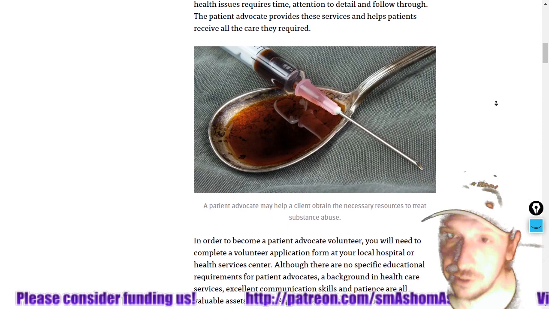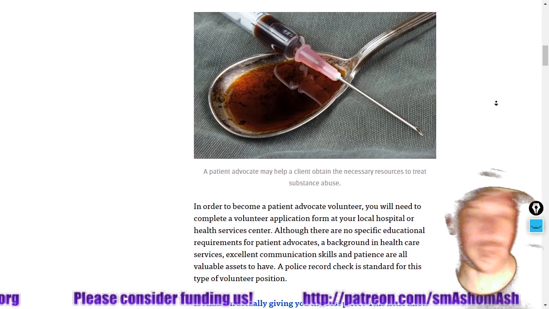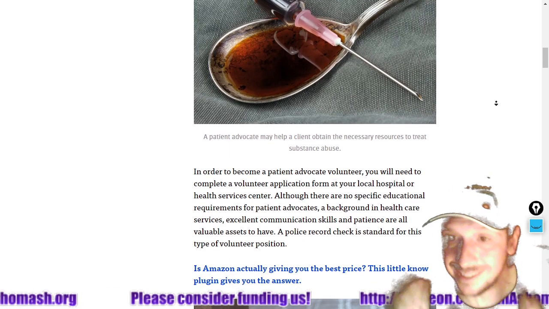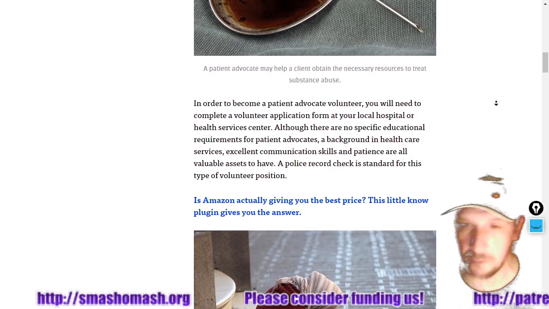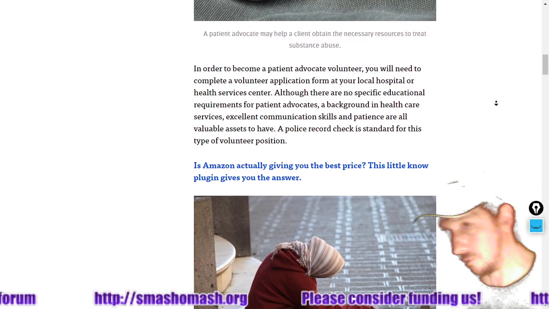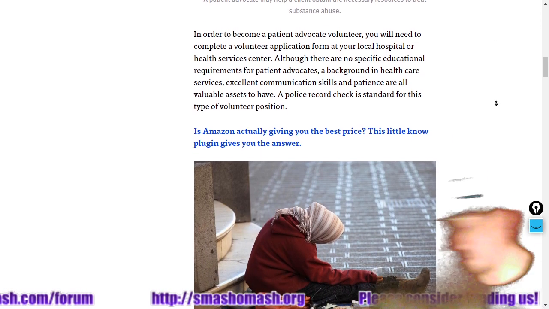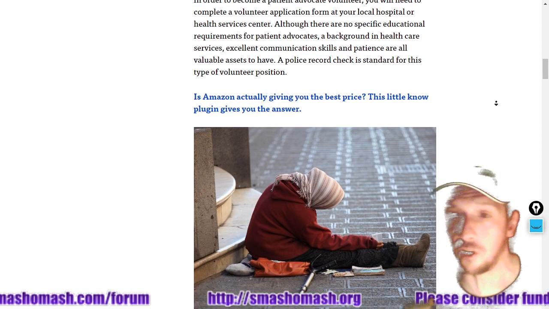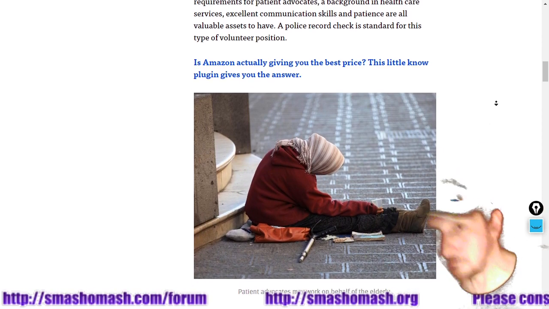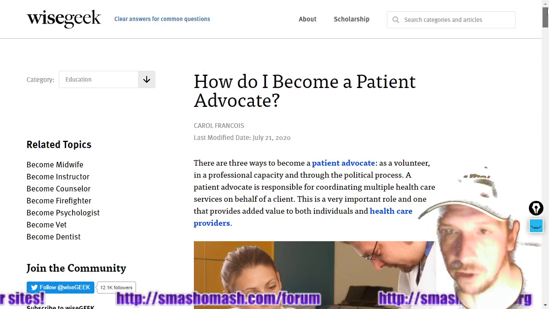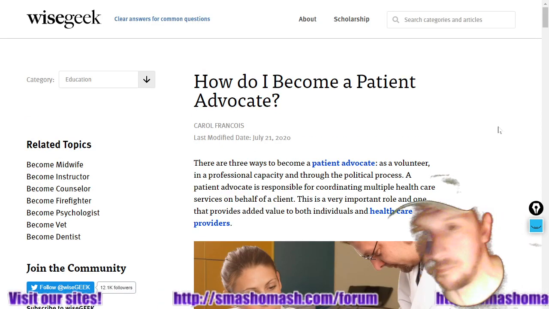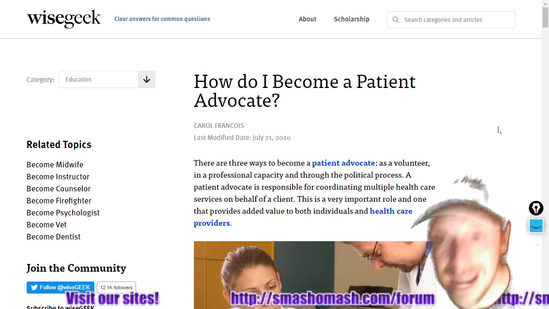Many doctors' offices have paperwork about this. And what's happening is the patient is saying, okay, this person knows more about procedures or knows more about healthcare than I do. I'm going to allow them to be my patient advocate. It's almost like an attorney in between the doctor or hospital and the patient. So do it. We've put up an article here about it on wisegeek.com about being a patient advocate.